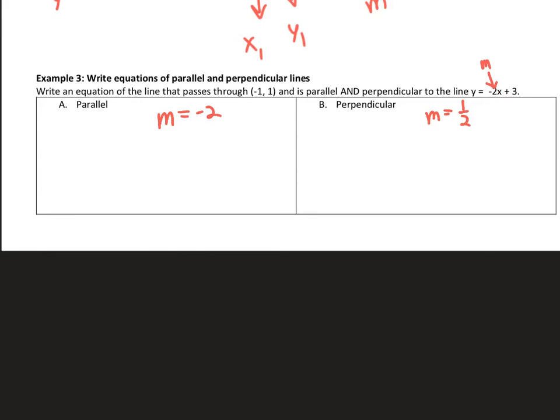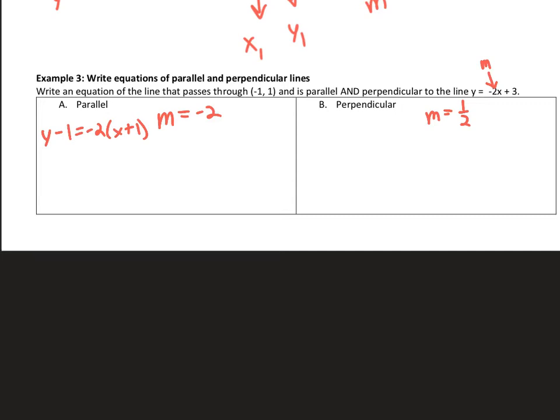And then I'm going to write my point-slope form for that. So that point-slope form is going to look like this. y minus 1 equals -2 times x plus 1. Because we've got a -1. Subtracting -1 is like adding 1.